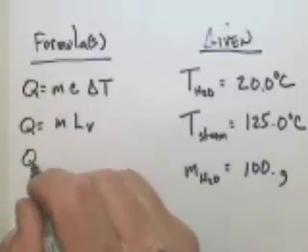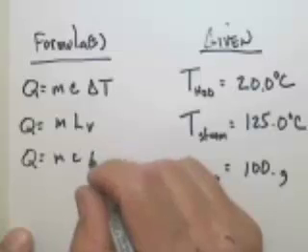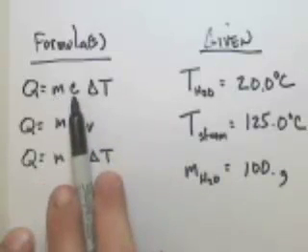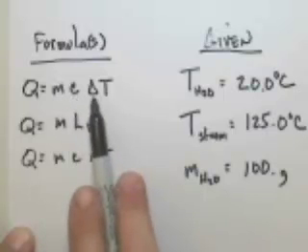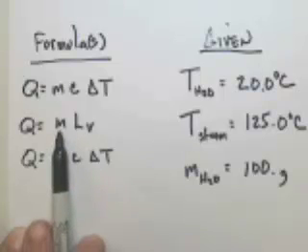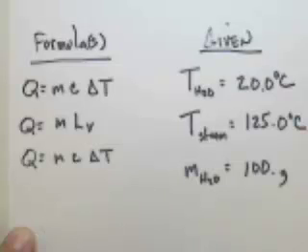And then the final formula is Q equals mc delta T. Remember that m represents the mass, c represents the specific heat, and then the delta T represents the change in temperature. m representing mass, L sub V representing the latent heat of vaporization, and then the same formula as the first here.